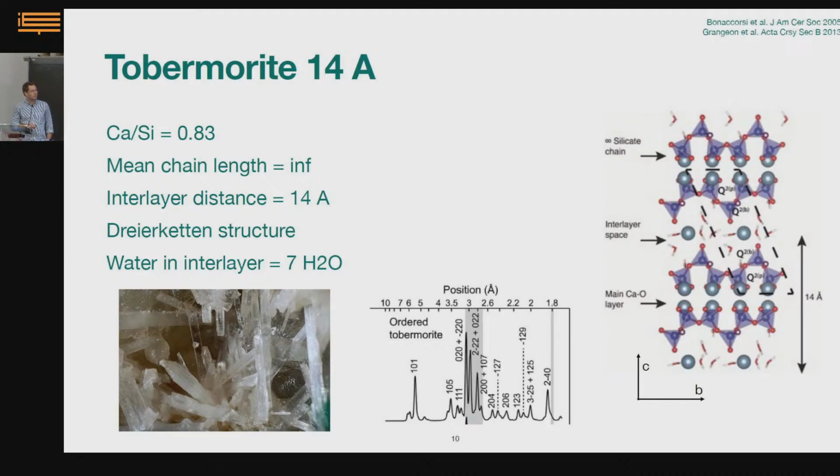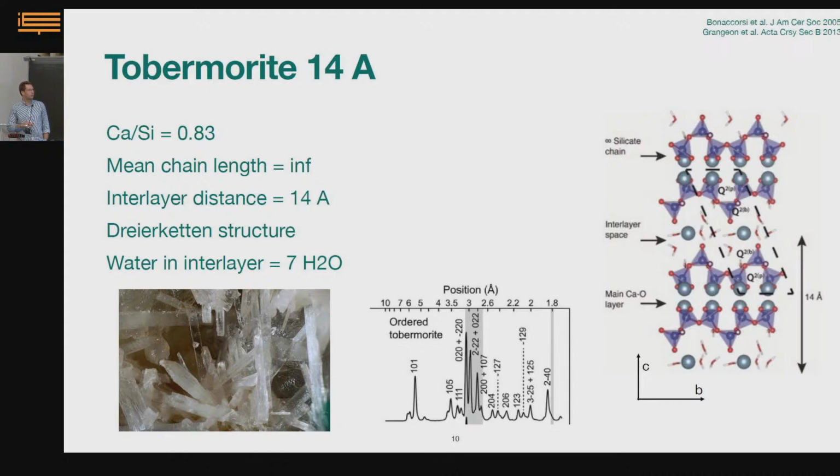And its characteristic is that you have this calcium oxide sheet, which is sandwiched by the silicate chains, okay? And the silicate chains are, we say, infinitely long because they're not defective, and they follow the Dreierketten structure. So basically, you always have a pairing silicate and then a bridging, okay? And those are Q2 silicates because each silicate is connected always to two other silicates. And then the interlayers are very well defined.